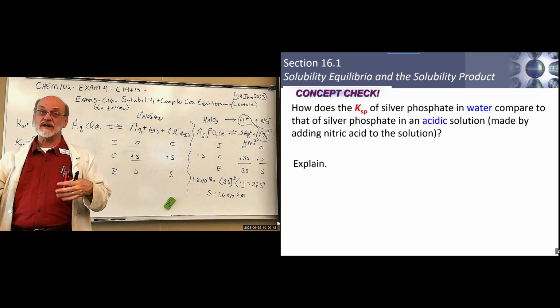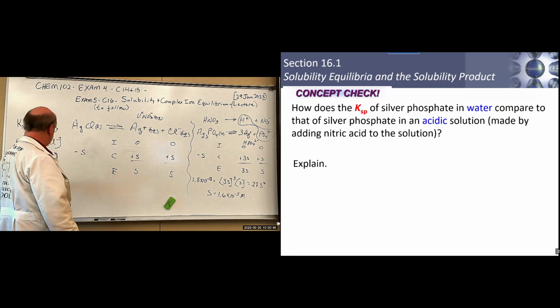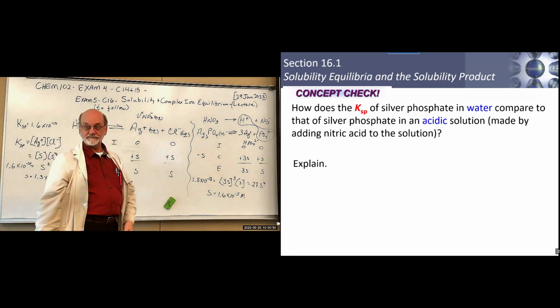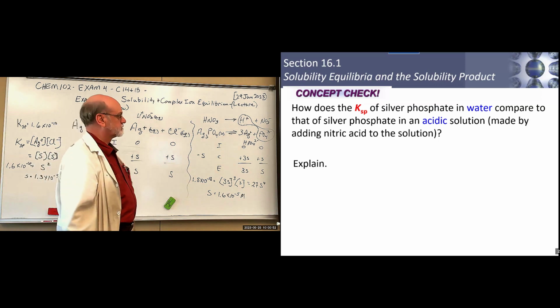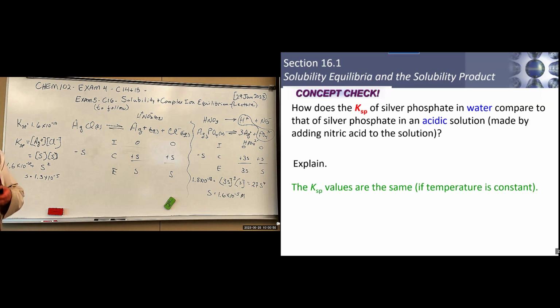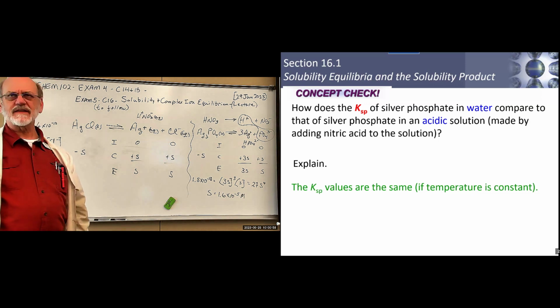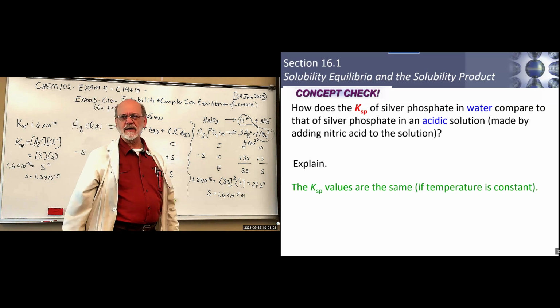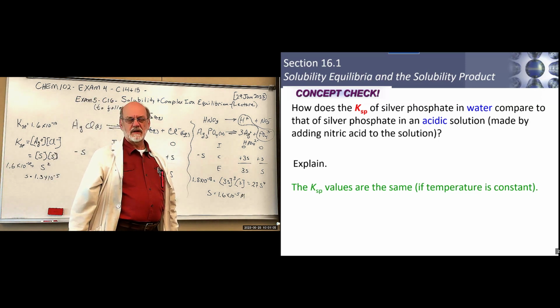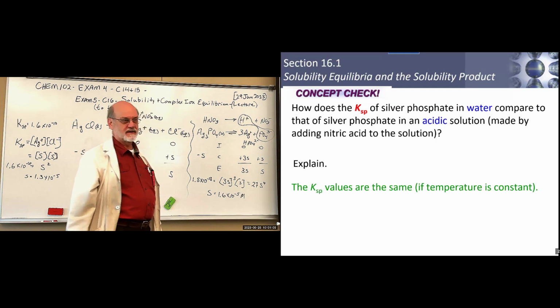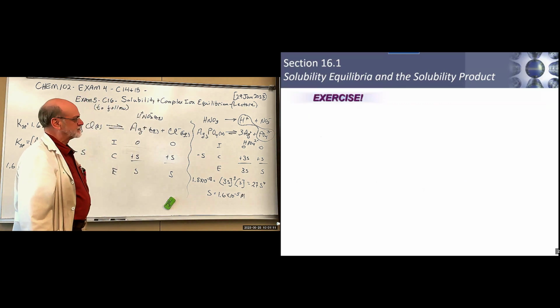And we can actually calculate what the solubility is if the chloride concentration is a given amount. So the KSP doesn't change as long as the temperature is constant. It's kind of like that statement where no matter what acid-base reaction you're talking about in solution, KW is always there. It always happens.